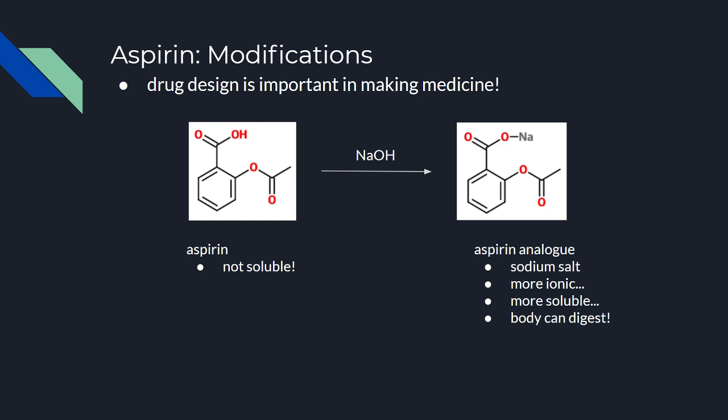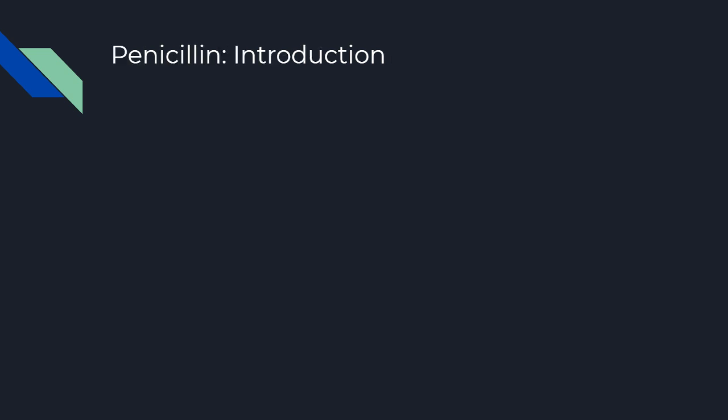That means it's more soluble, and that means we can digest it. So a very simple reaction takes something not soluble to something very soluble. And what you see on the right is how aspirin is sold almost the same way throughout the whole world.